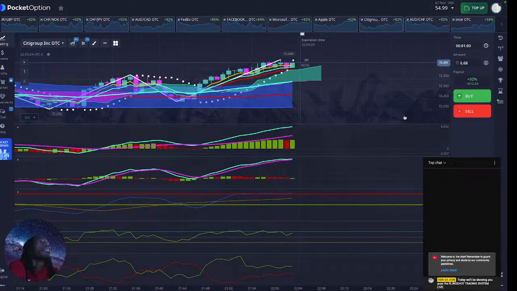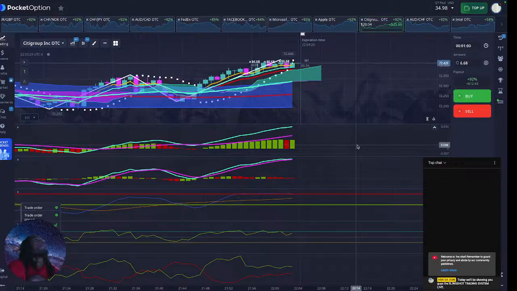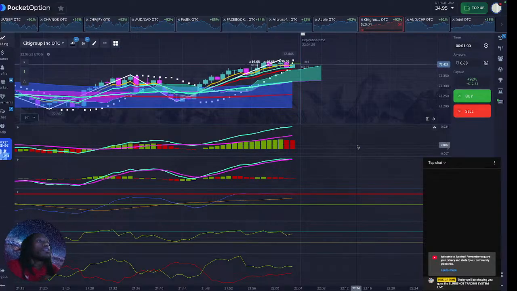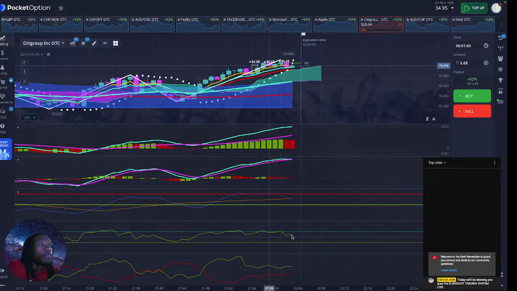Here's another one, guys. We're going to take three signals right there. See how once again he's wide open. We're up like that. He's gapped, and we got this RSI bouncing up with the vortex open.